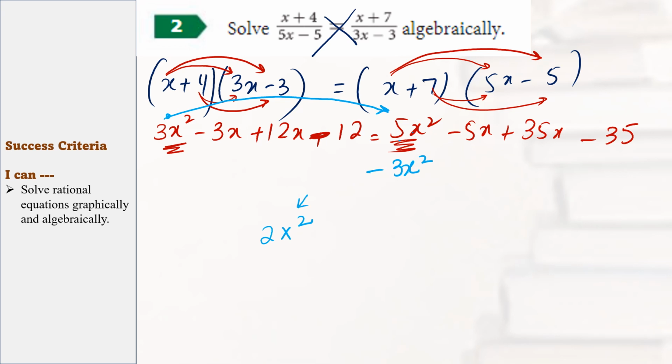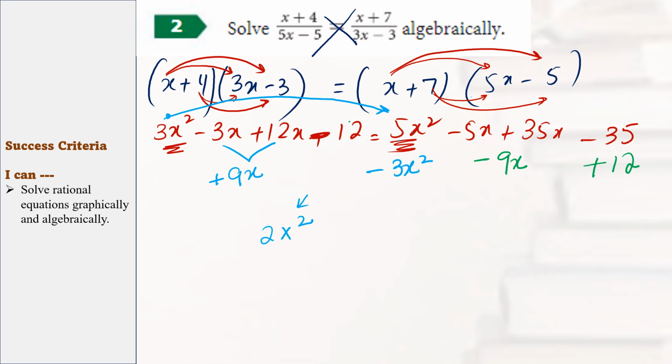So better to bring everything on this side. So plus 12 minus 3 gives me plus 9x. If I bring the plus 9x on the other side, I will get negative 9x. If I bring minus 12 on the other side, I will get plus 12.